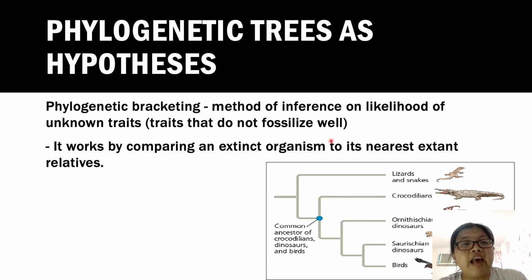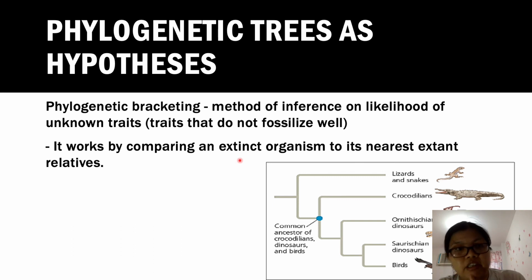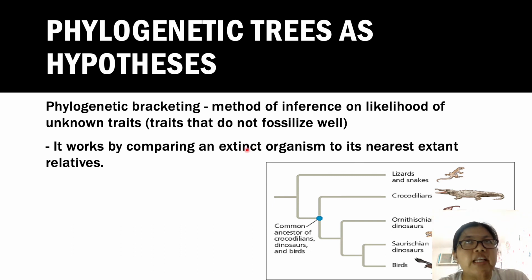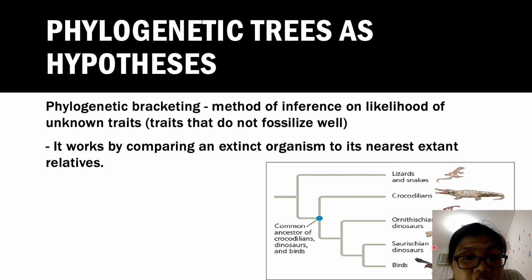So we can have phylogenetic bracketing, which is a method of inferring the likelihood of unknown traits. So these unknown traits are traits that do not fossilize well, for example feathers and hair. So you can infer from the nearest extant relatives. For example, in this phylogenetic tree, these are already fossilized organisms.